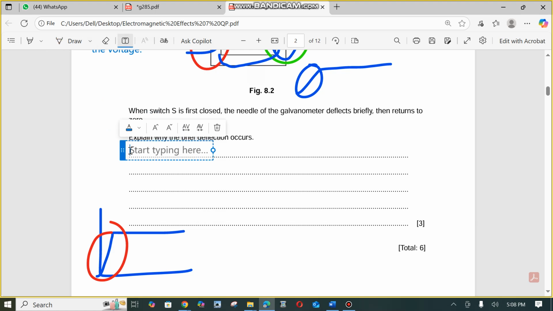So for 3 grade points, Cambridge wants you to also write the answer.